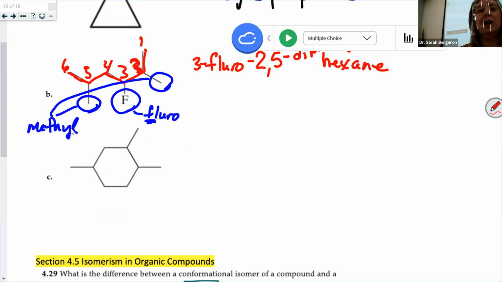It's in the ring. So what are my substituents? They're all methyls. So does it matter which one's first? It's all the same letter, but we want to give it the lowest numbering scheme possible. So where should I start my numbering?